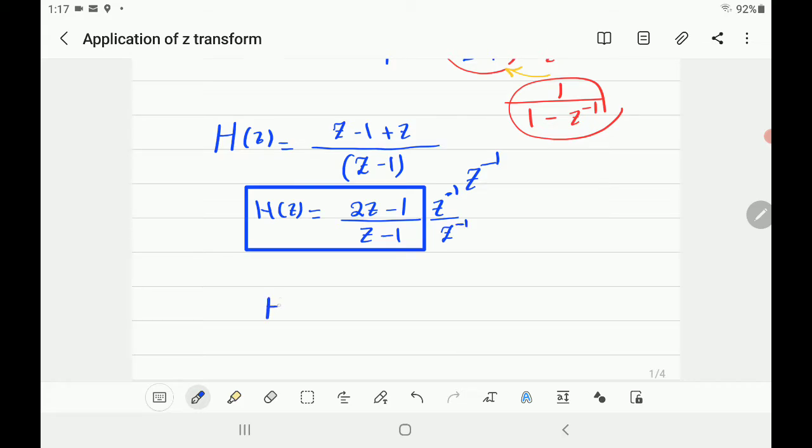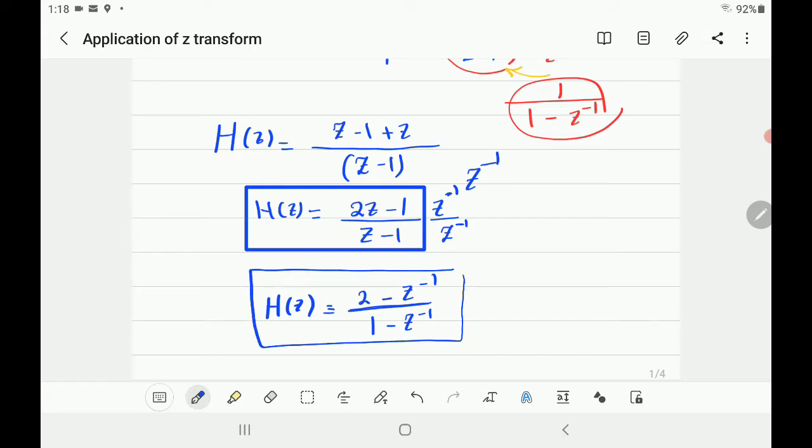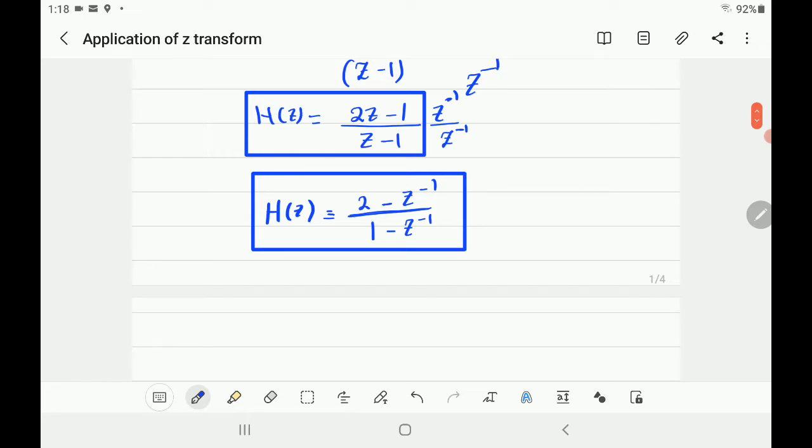If you do that, the impulse response will be equal to z to the power of minus 1 times 2z, you get 2, minus z to the power minus 1 times 1, which is z to the power minus 1. The bottom part, z to the power minus 1 times z minus 1 will be equal to 1 minus z to the power minus 1. That's another form. Both are right, one expressed in terms of z and the other one in terms of z to the power minus 1.